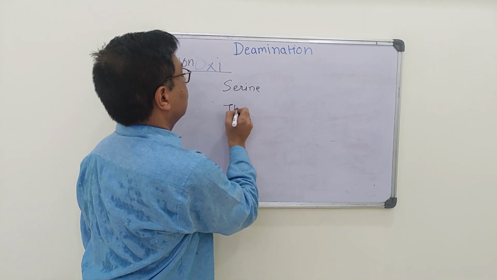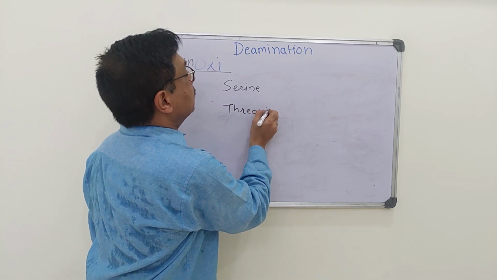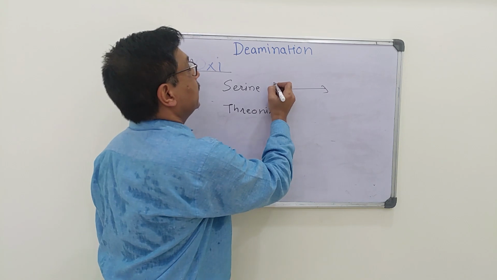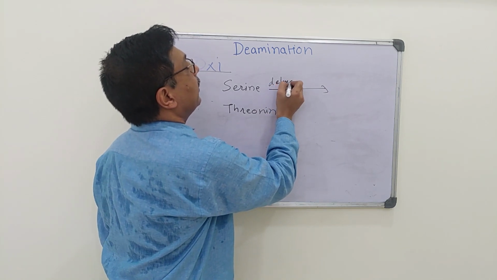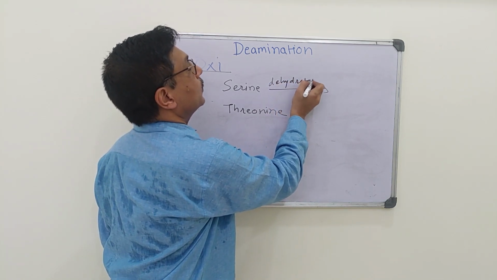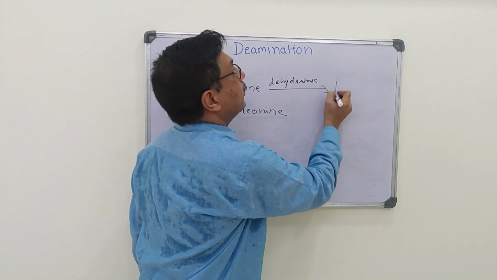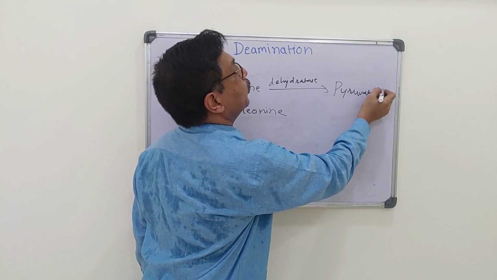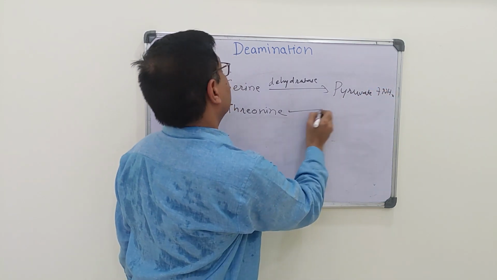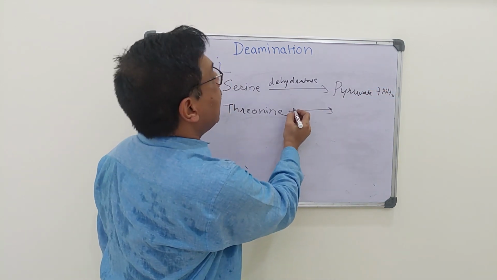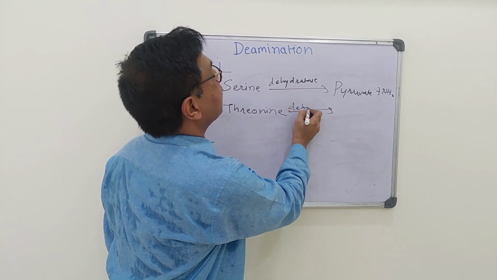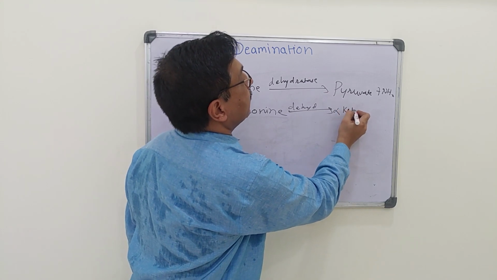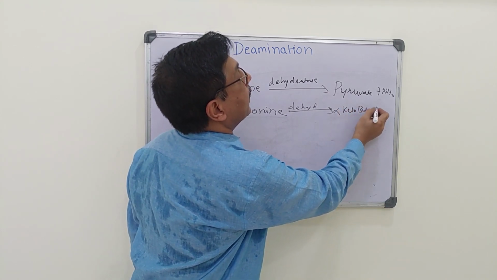The enzyme dehydratase acts on serine, and it will produce pyruvate plus ammonia. Whereas threonine, when acted upon by dehydratase, will form alpha ketobutyrate and ammonia.